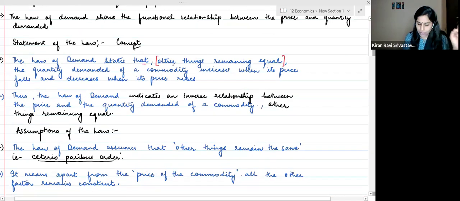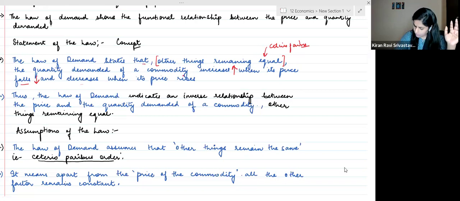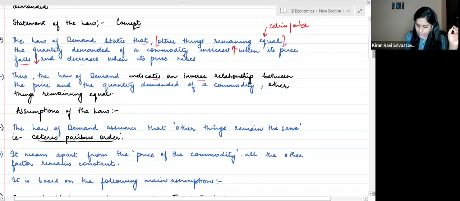The law of demand states that, other things remaining equal, this is ceteris paribus, the quantity demanded of a commodity increases when its price falls and decreases when its price rises. So it's both the case, vice versa. Thus, the law of demand indicates an inverse relationship between the price and the quantity demanded of a commodity, other things remaining equal.